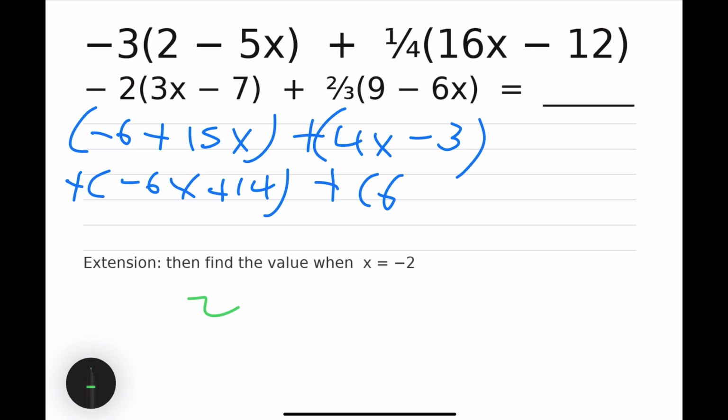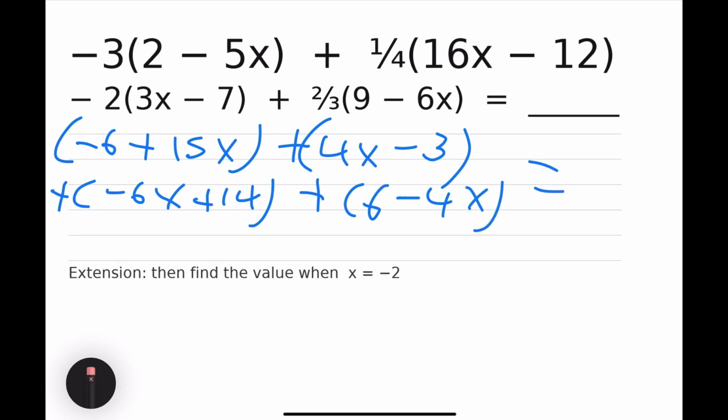So it'd be 2 over 3 multiplied by 9 over 1, which is equal to 18 over 3, which is equal to 6. So I basically did that in my head without writing it down. And then 6 multiplied by 2 is 12, divided by 3 is 4, but it's going to be minus 4 as it's minus 6x, and a positive multiplied by a negative is always a negative, so it'd be minus 4x.